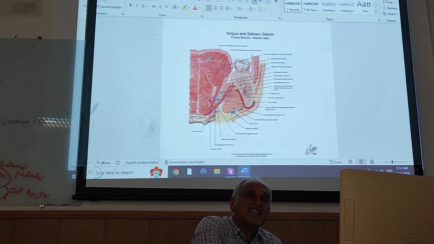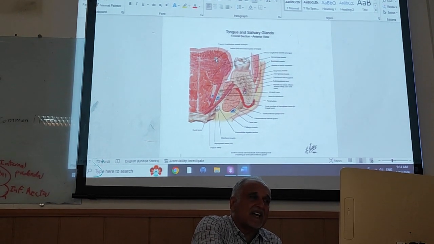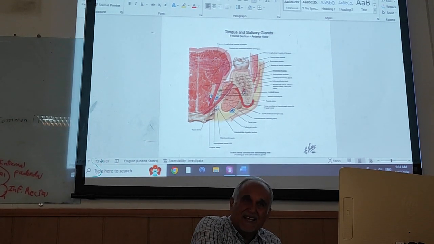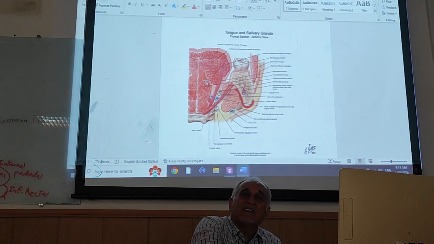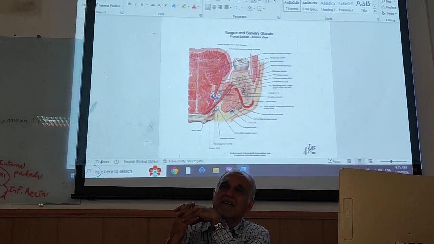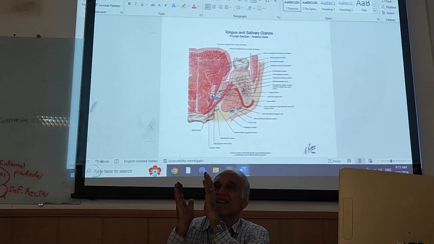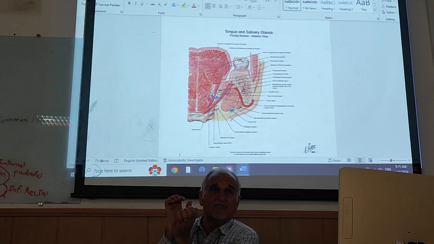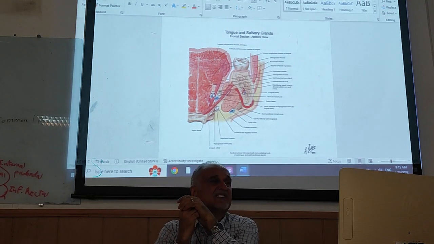And intrinsic muscles of the tongue are the transverse muscle, vertical muscles, and superior and inferior longitudinal muscles. What do you think about the action of these muscles? I mean the intrinsic muscles. The superior and inferior longitudinal muscles, when contracted, what happens? They help the tongue become shorter. What about the transverse?